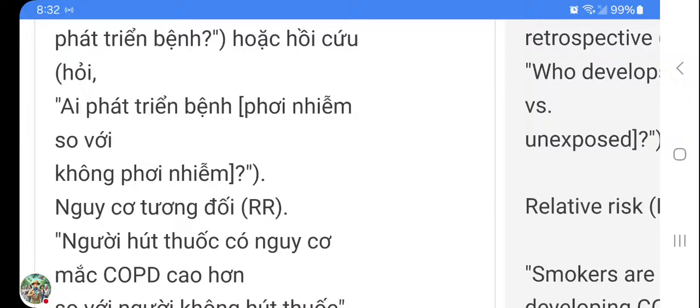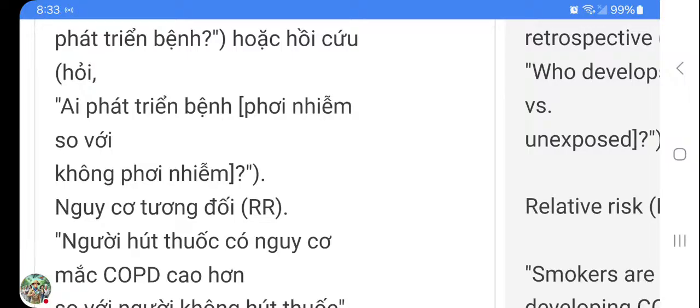The way we do that is we collect the people and divide them into two groups. One group is exposed to risk factor A, and one group is not exposed to risk factor A, and we monitor for 10 years.